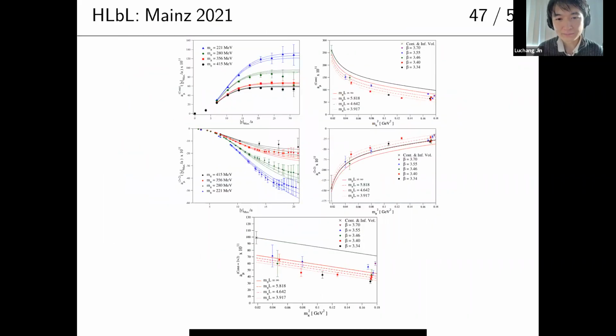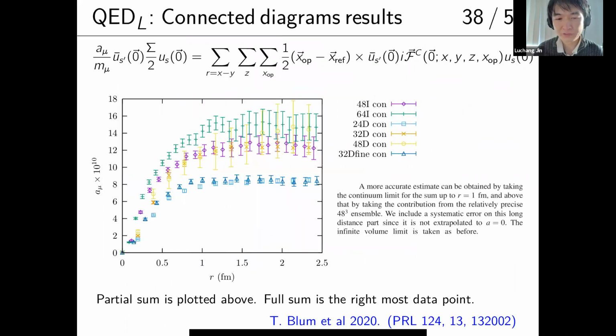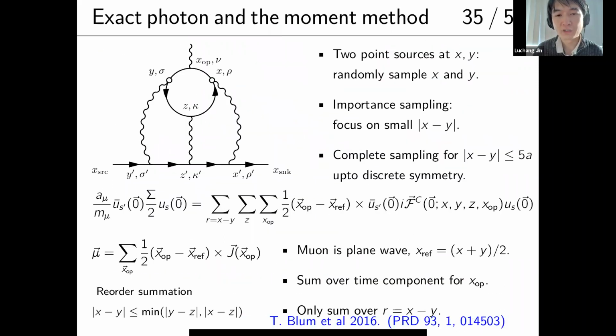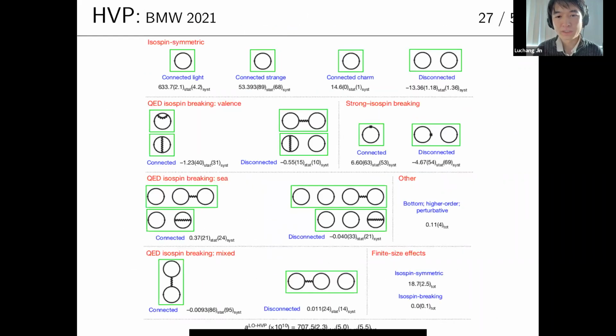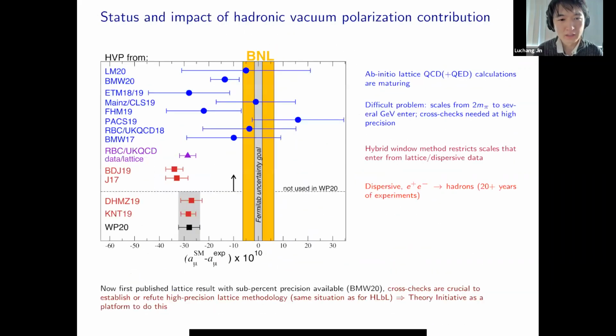On the other hand, the HLbL result, sorry, the HVP result, is quite tricky. So we can look at this comparison. There are actually new experiments being planned, and the e-minus e-plus experiments are ongoing, so we may expect this dispersive approach to improve.